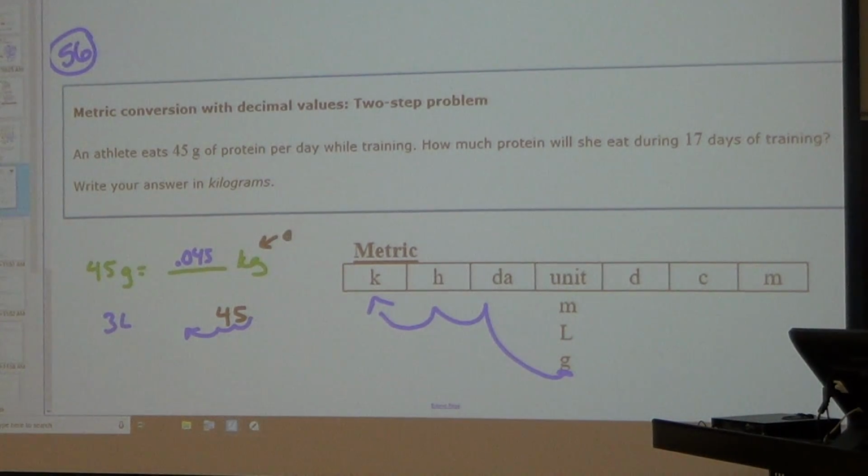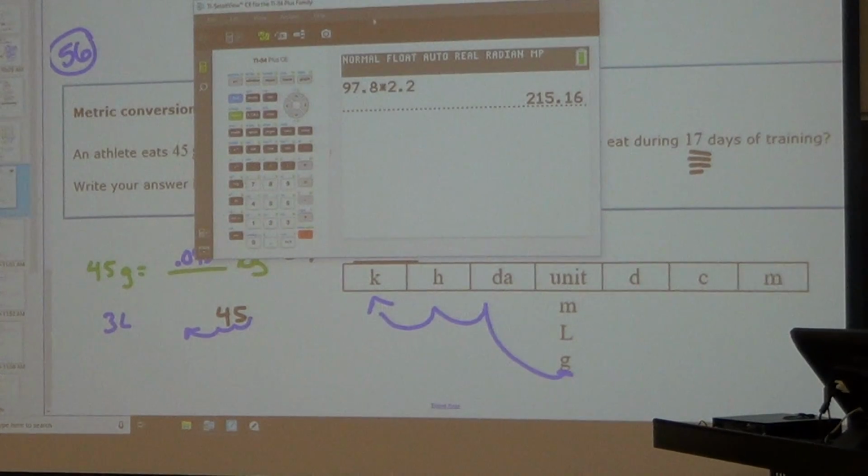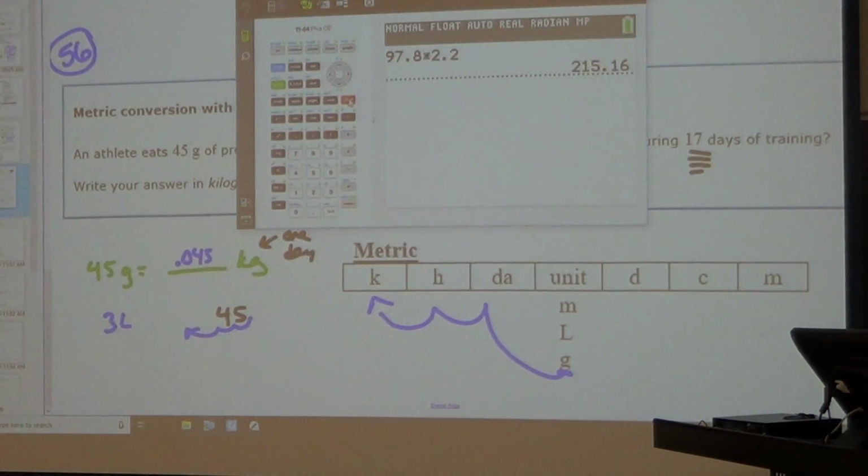Now, that represents one day. But I want to know how much she eats in 17 days. So I'm going to multiply that answer by 17. So I'm going to do 0.045 times 17 to get my final answer.